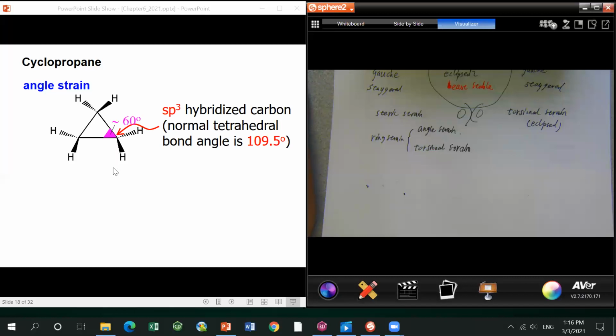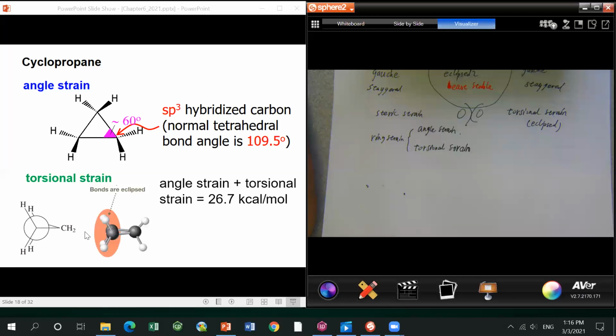So that's the huge angle strain. There is also very significant torsional strain for cyclopropane, because with these 3 carbons in a planar structure, the CH bonds are forced to be eclipsed, overlapping each other. So that's a huge torsional strain. Overall, cyclopropane has a huge ring strain, both huge torsional strain and angle strain.